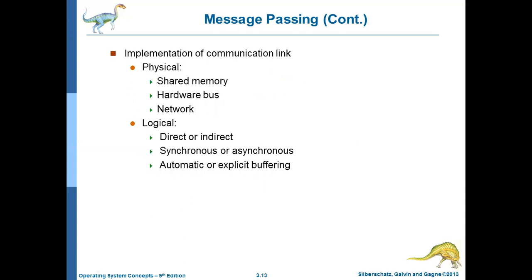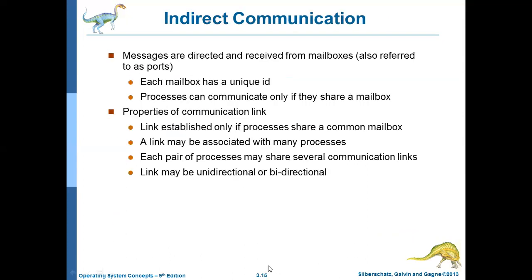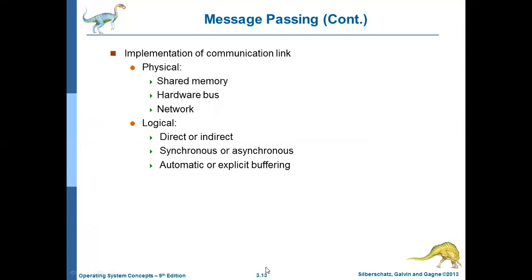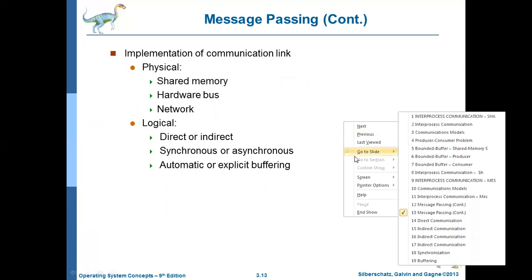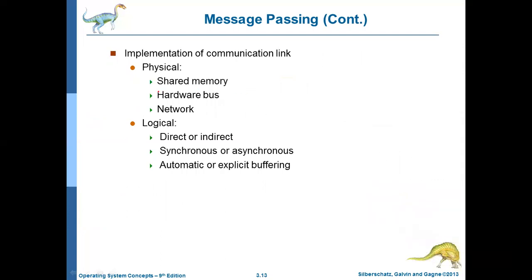Now let's move further into the implementation of the communication link. The first kind of implementation that we refer to is a physical connection, establishing a physical connection between the two processes. A physical connection can be established through shared memory, or through a bus or the network.